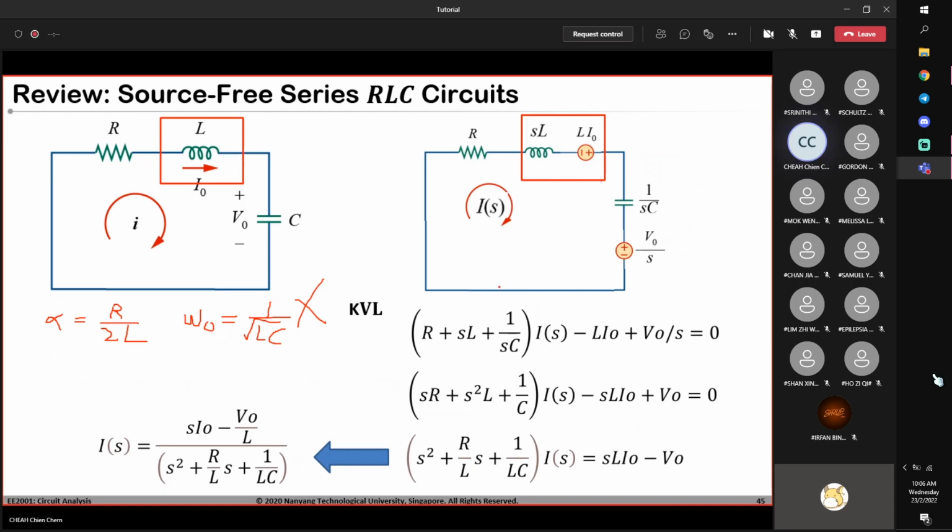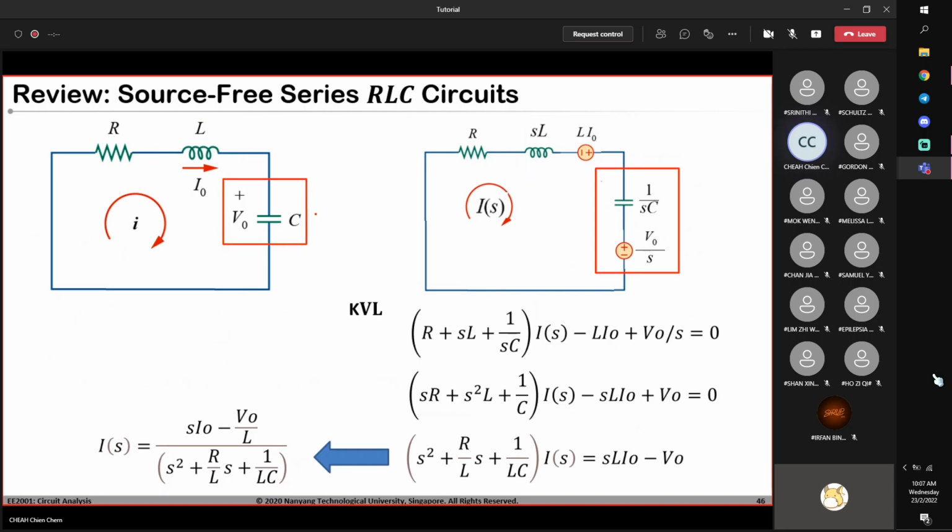So basically, this is the idea. For a capacitor, transform it into Laplace domain, 1 over SC, with initial voltage V0 divided by S. For inductors, similarly, you have SL. Here you have two choices.